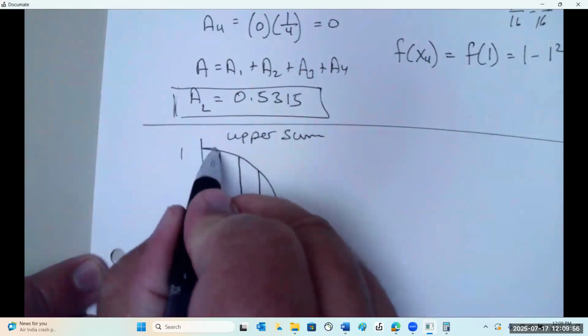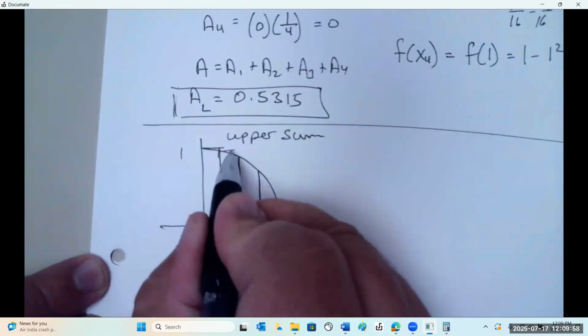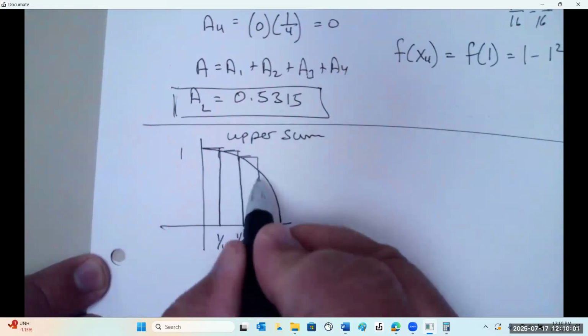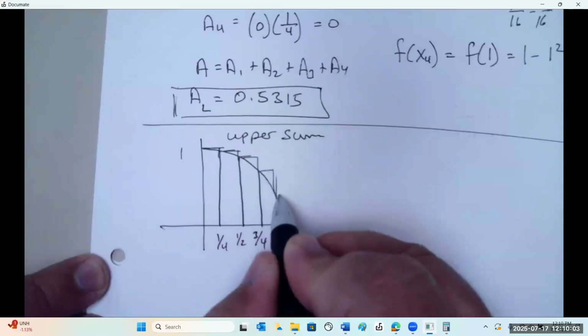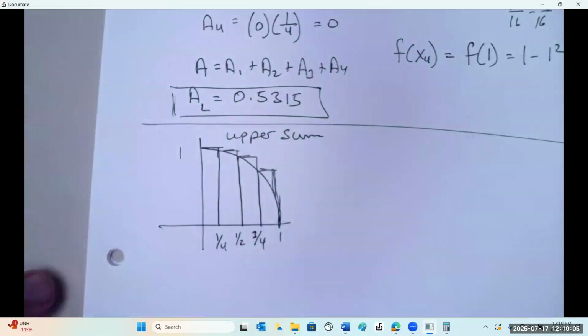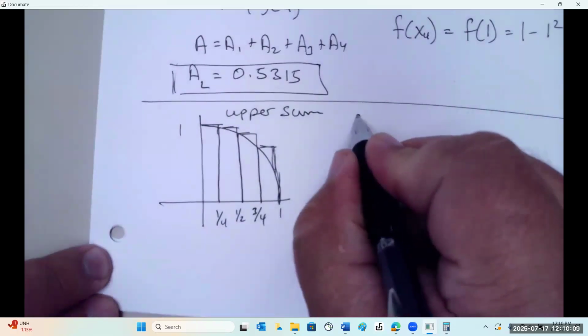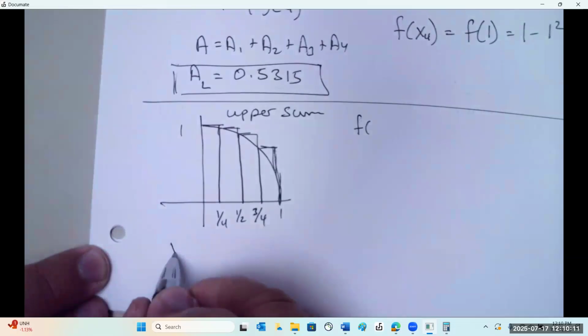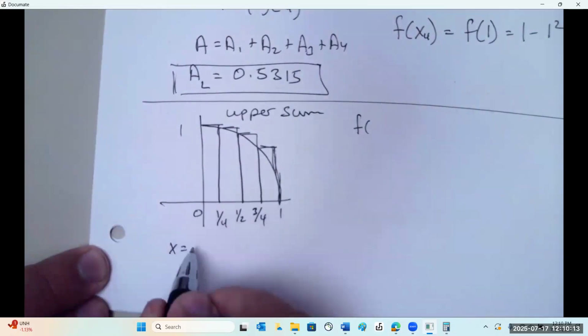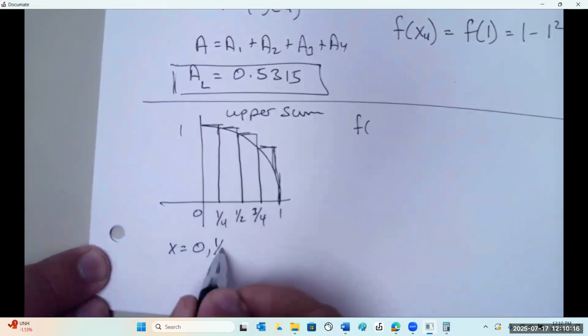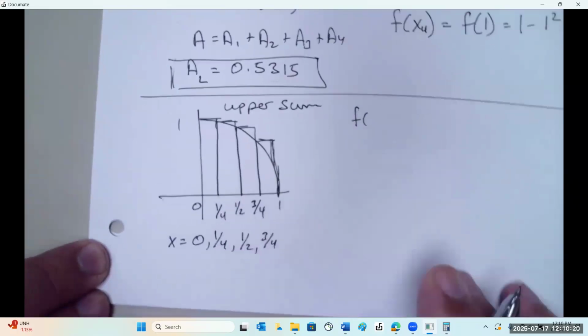We have to use the left because we want to include the entire graph. So my x values are the left ones: 0, 1/4, 1/2, and 3/4.